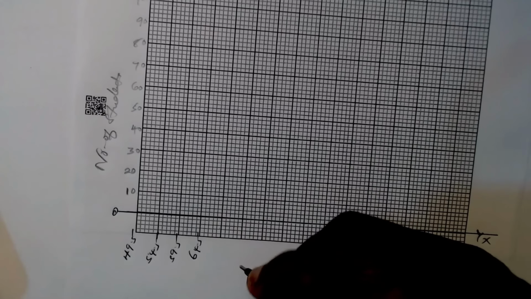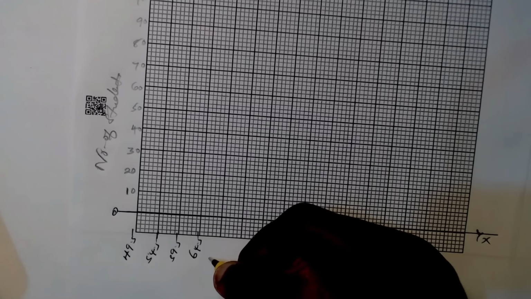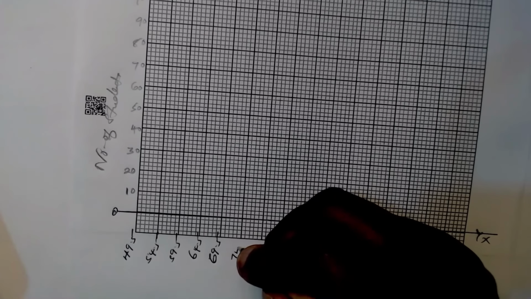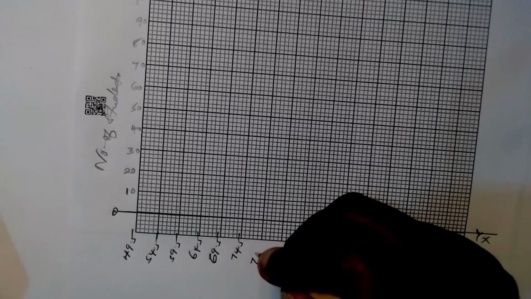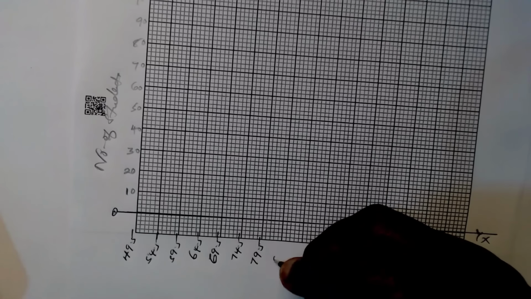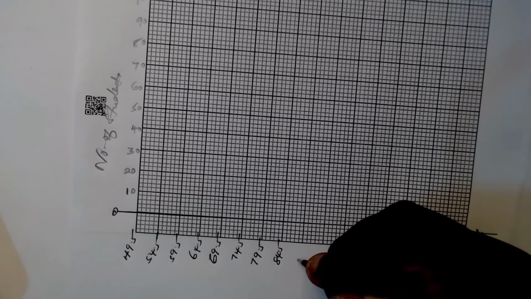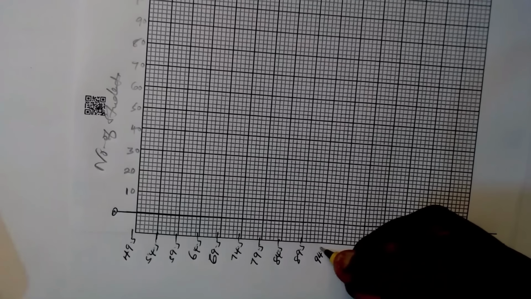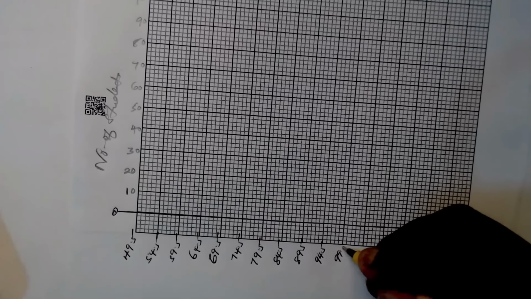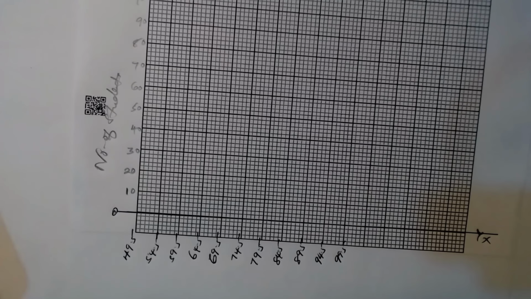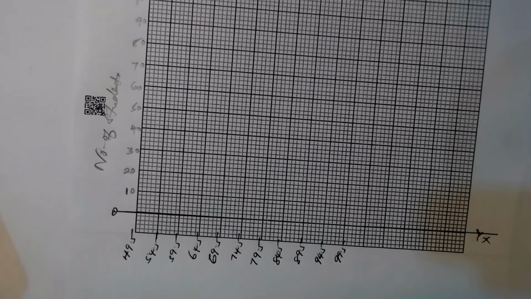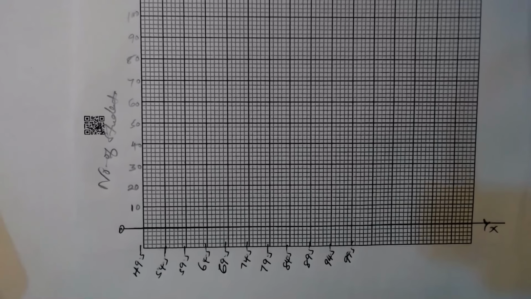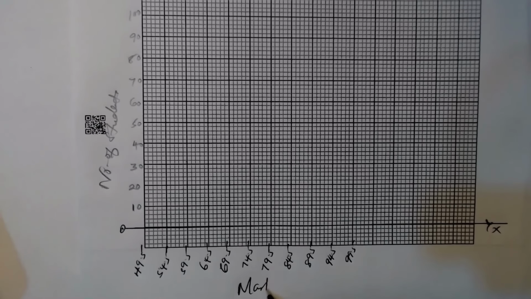I'm using 1 centimeter to represent 5. Then 69.5, 74.5, 79.5, 84.5, 89.5, 94.5, 99.5. I think that one is okay. We need up to 99.5. So these are the marks.